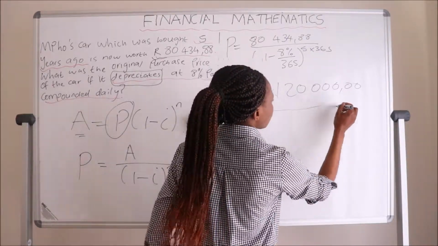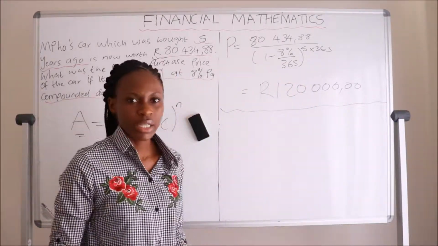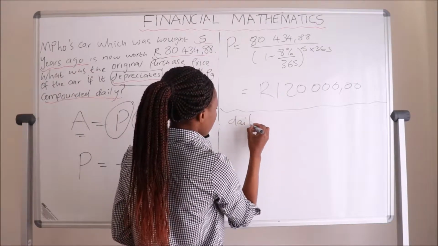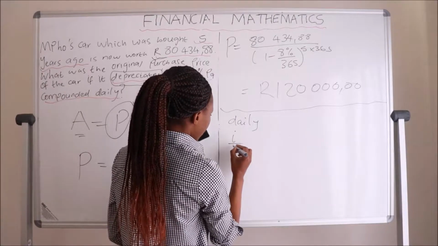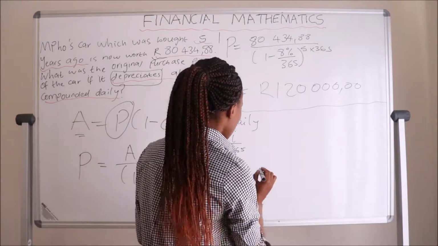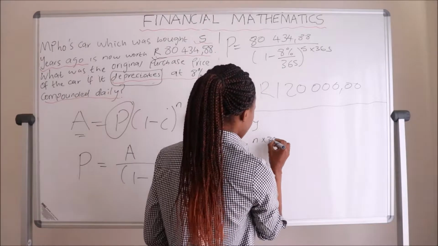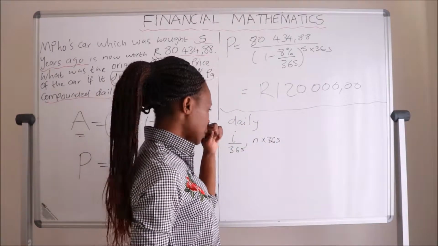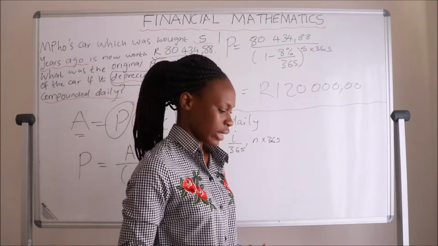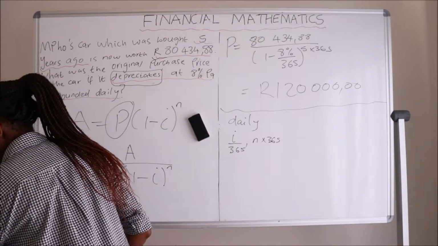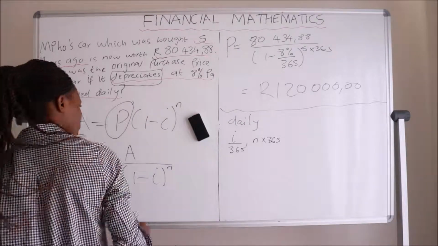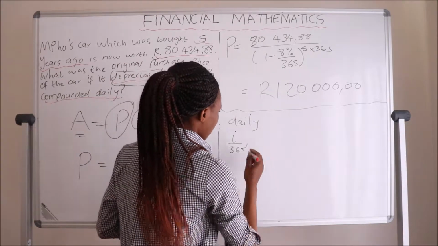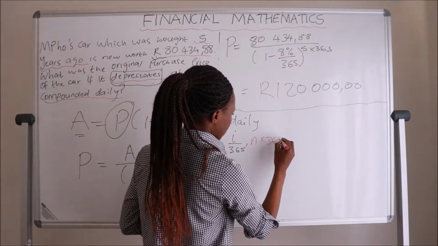Today I decided to give you the numbers you have to divide and multiply with. If it's daily, with your I you divide by 365, and with your N you multiply by 365. N is the number of years, and you multiply those years by 365.